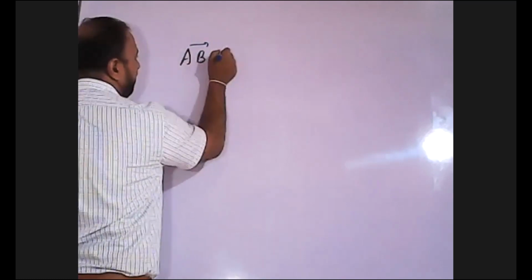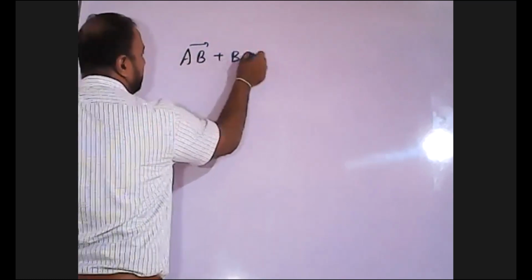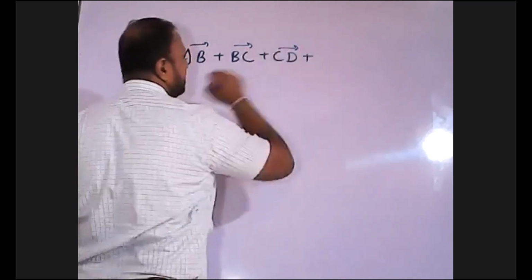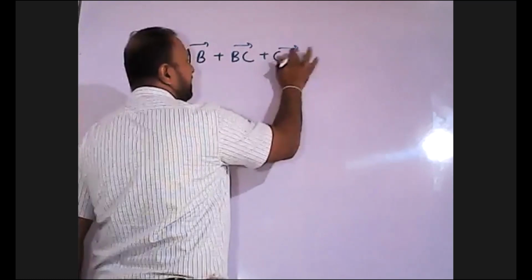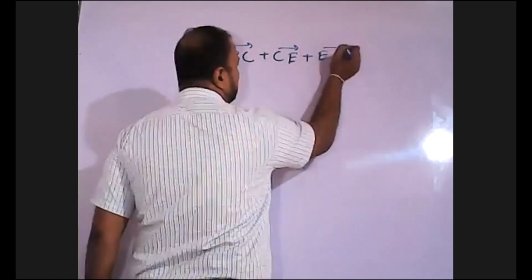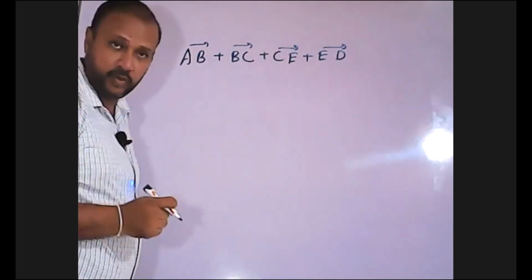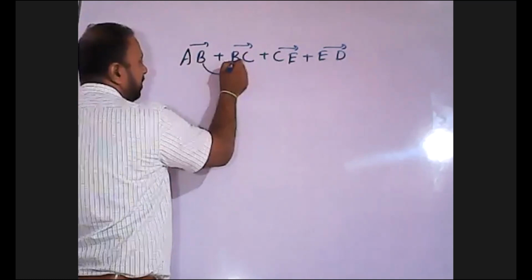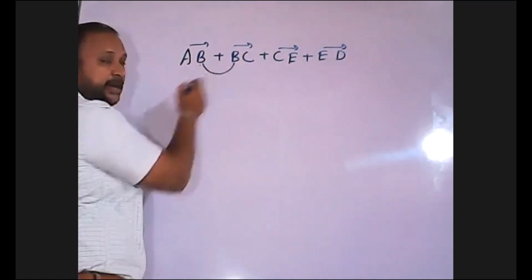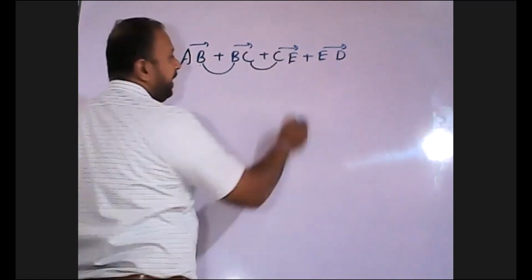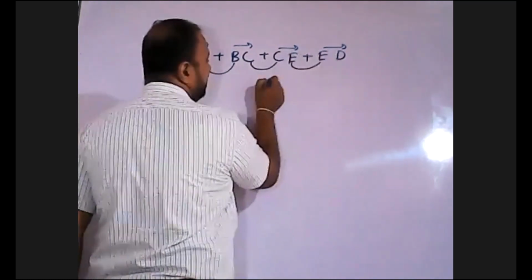Look at this. AB vector plus BC vector plus CE vector plus ED vector. Those are the vectors in method one. In this, the end point and the starting point coincide, so those will be cancelled out.